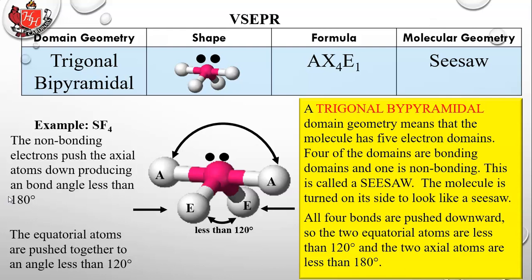From axial to axial, it's a 180 degree angle, but you're pushing those down, so it's less than 180. So the non-bonding electrons push the axial atoms down, producing a bond angle of less than 180 degrees. The equatorial atoms are pushed together to form an angle less than 120 degrees. So just think of all of those arms being pushed down slightly so the bond angles get small.